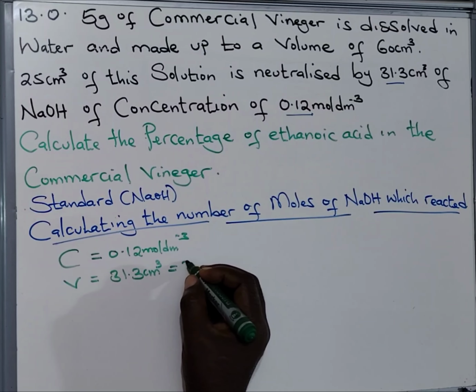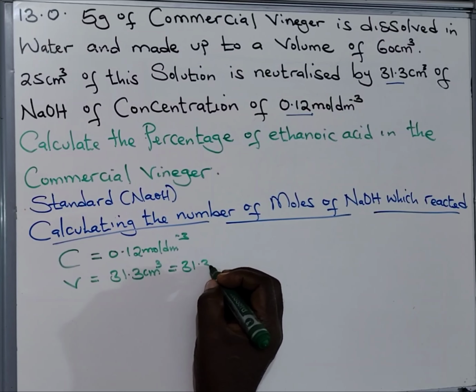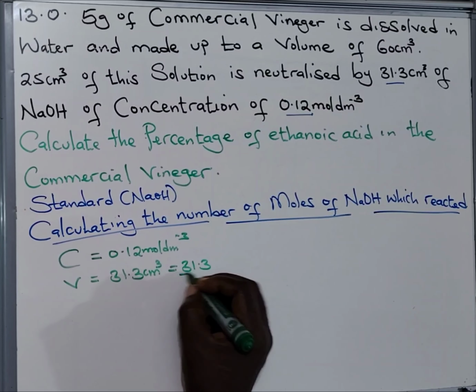Converting it to cubic decimeter involves dividing it with 1000, giving you 0.0313 cubic decimeter. What are you calculating? Number of moles. So with this information, what do you do? You quote the formula. The formula is concentration equaling to number of moles over volume.